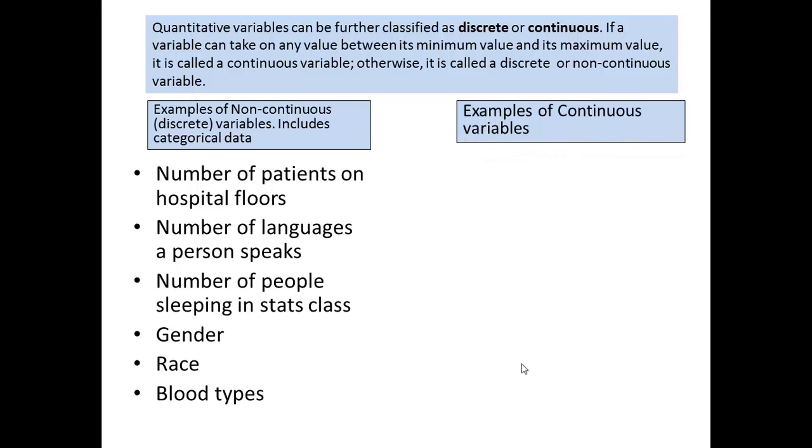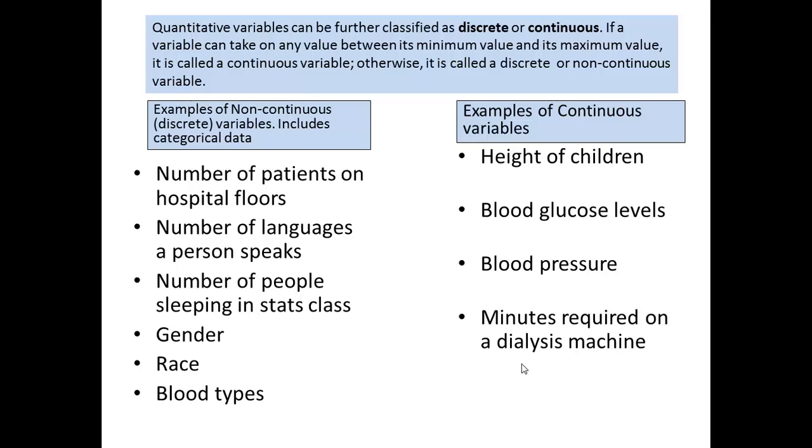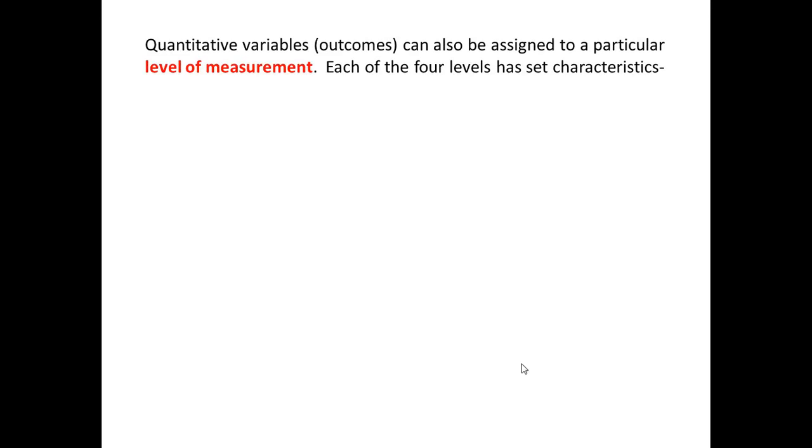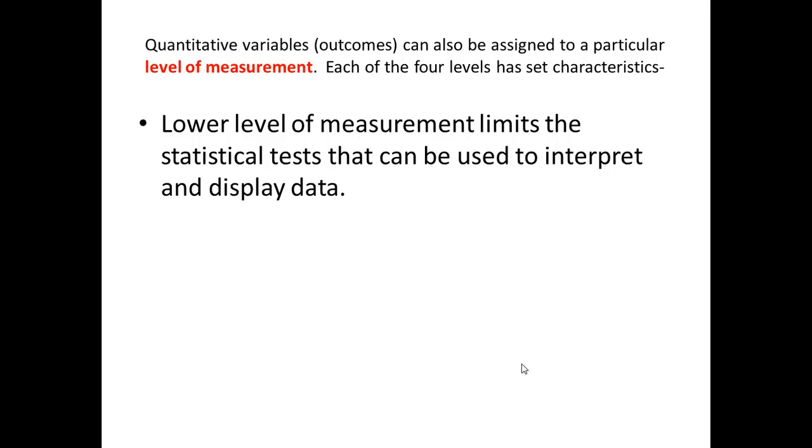Here are some examples of continuous variables: height, blood sugar, blood pressure, minutes required on a dialysis machine. Quantitative variables are assigned to each level of measurement, and each level has set characteristics.